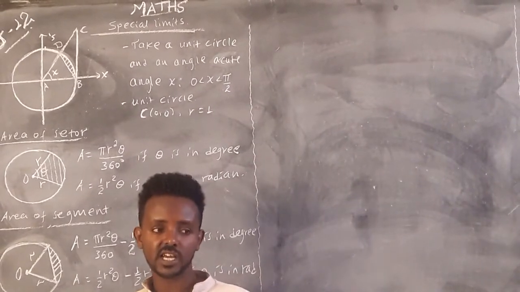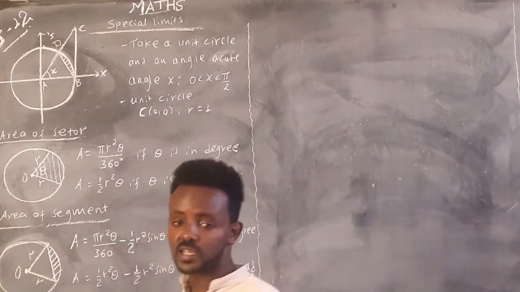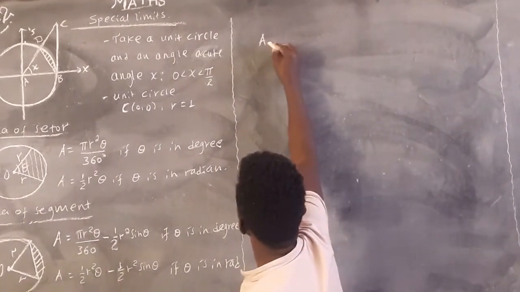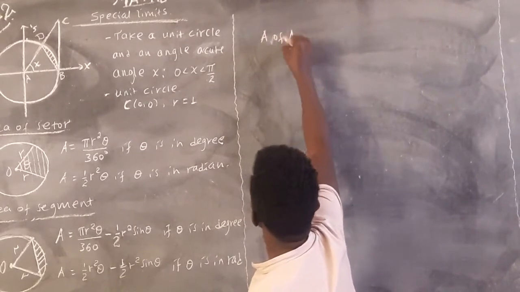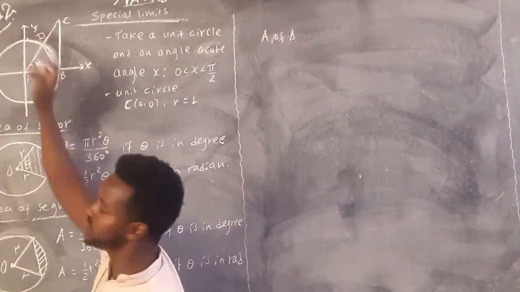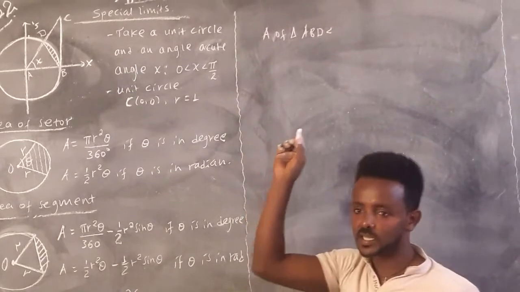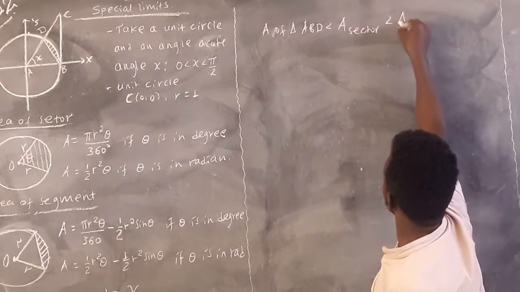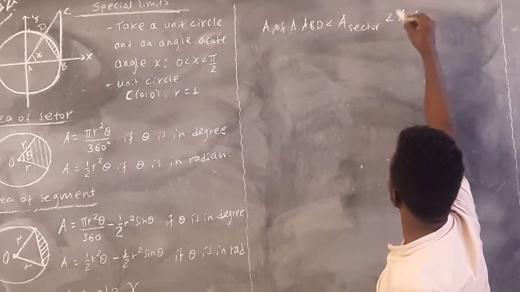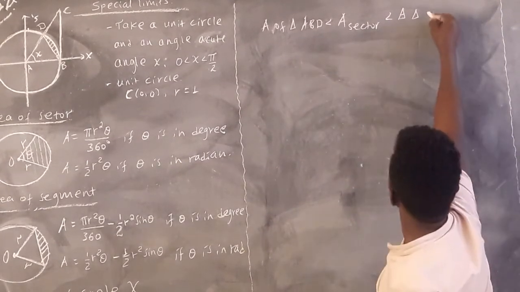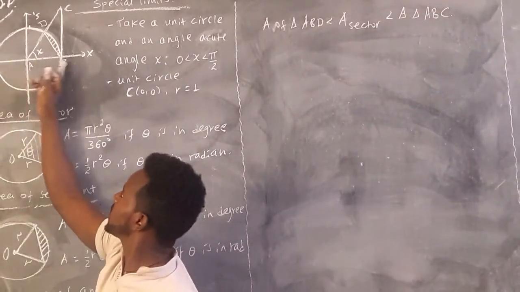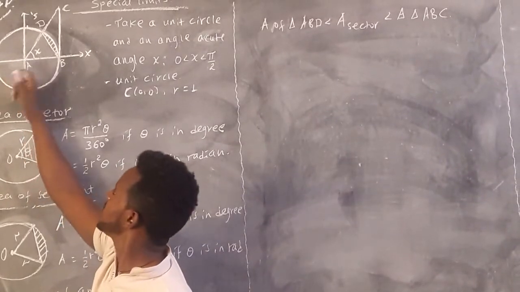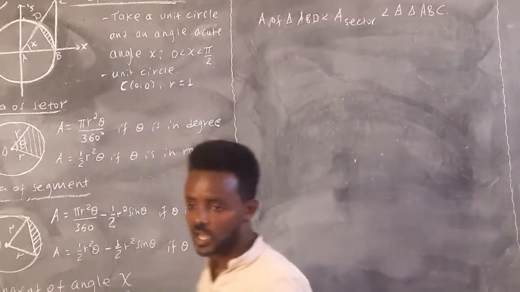Now let's compare the areas of the two triangles and the given sector. As you look from the picture, the area of triangle ABD is less than the area of the sector, which is less than the area of the large triangle ABC.